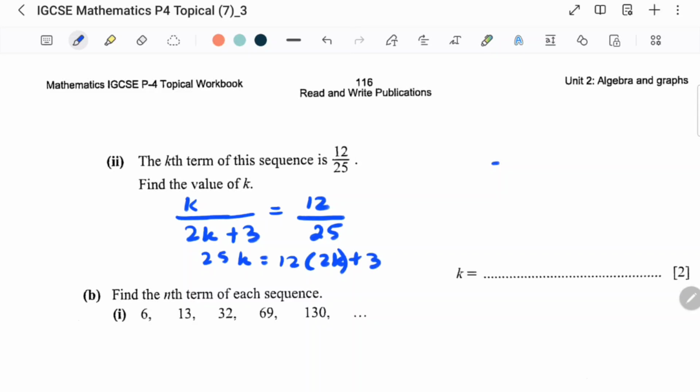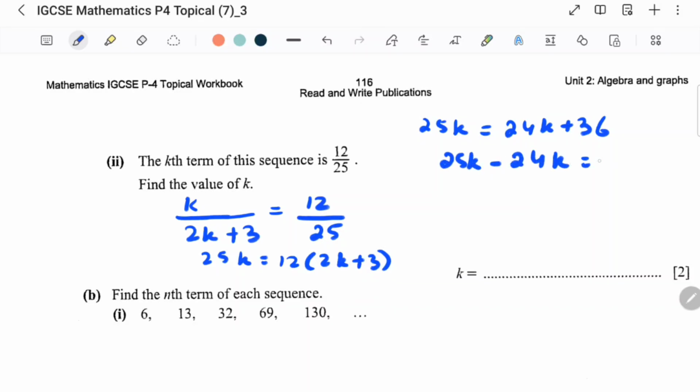So 25k is equal to 24k plus 36. 25k minus 24k equals 36, and k is equal to 36, because the difference between 25 and 24 is 1, so k is equal to 36.